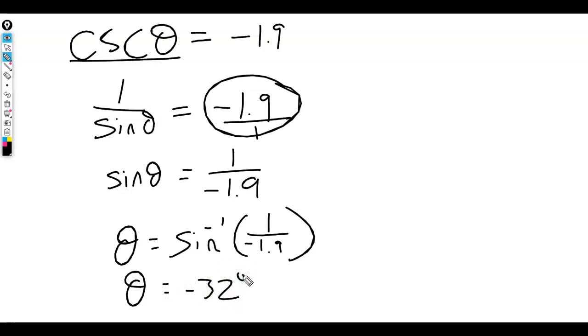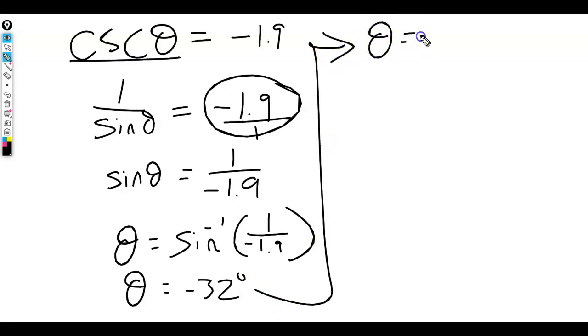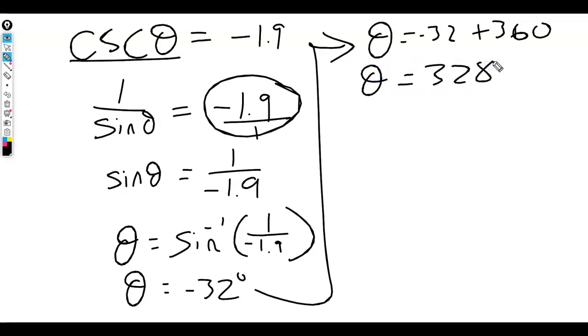Okay, but we don't like negative answers, right? So we're going to take that negative 32 and we're going to add 360 to it. So we get the positive coterminal version of that angle, which is 328 degrees. Okay. Now the next thing that we're going to do is I want you guys to find that angle on your unit circle.